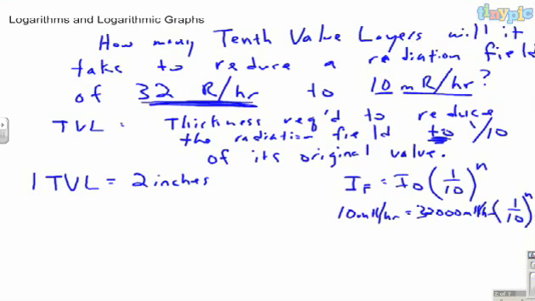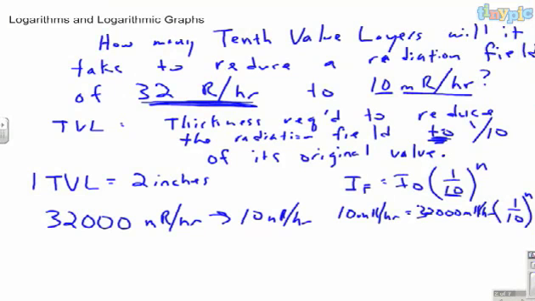But folks, we can stand back from this problem and think about this, because we're really talking about a base 10 here. What you can do is just write out 32 R per hour is 32,000 millirankin per hour, and we need to reduce that down to 10 millirankin per hour.